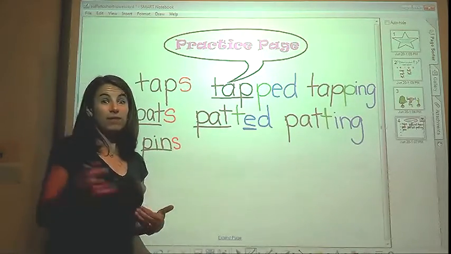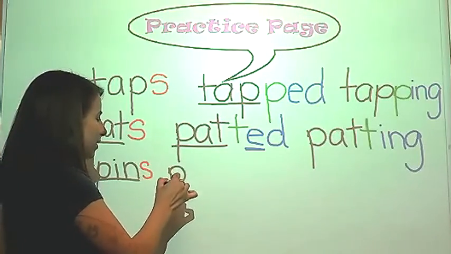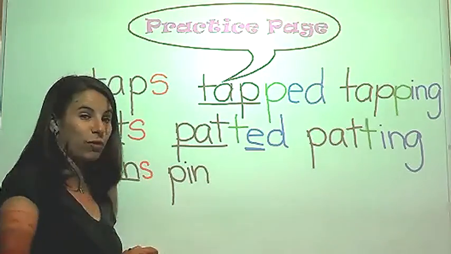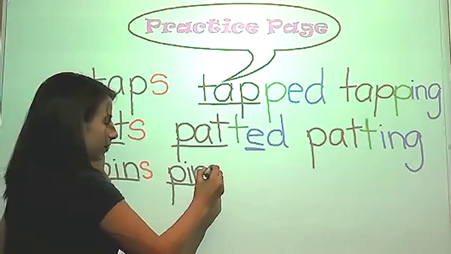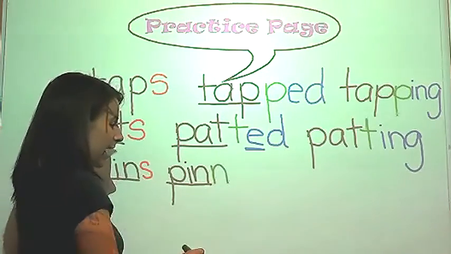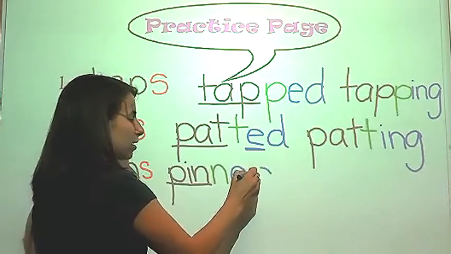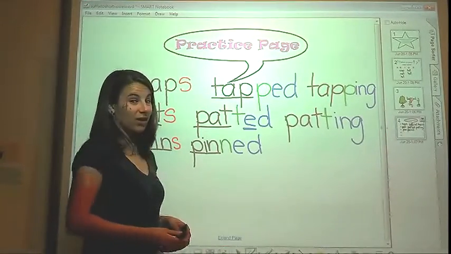Pin. Let's make it say pinned now. P-I-N. There's my root word. Then I double my final consonant. So I have my double N and add my ED. So it says pinned.